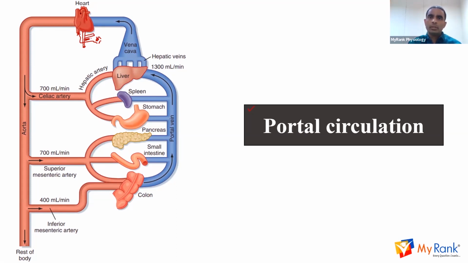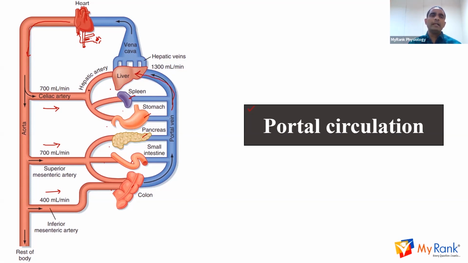But when it comes to portal circulation, what you are seeing is, from the heart, from the aorta, there are three main branches, the celiac, the superior mesenteric and the inferior mesenteric, supplying different segments of the gastrointestinal tract. Okay. The liver, the spleen and the stomach, the pancreas, small intestine, colon, etc. So whatever these structures are producing, the products of digestion and absorption, they go through the portal vein ultimately to the liver.